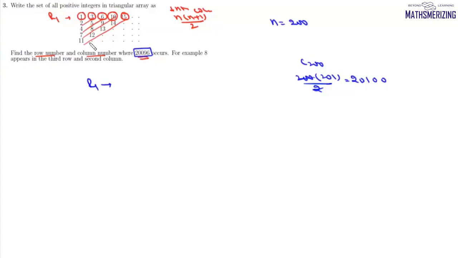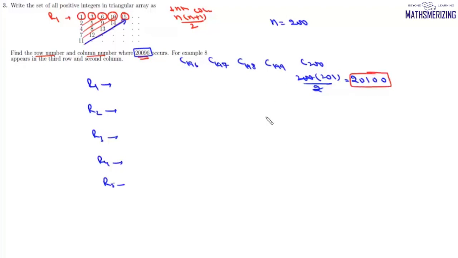Now we know that numbers move in this progression. So this is C200, then 199, 198, 197, 196, and this is R1, R2, R3, R4 and R5. So at R1 C200 number is 20100.